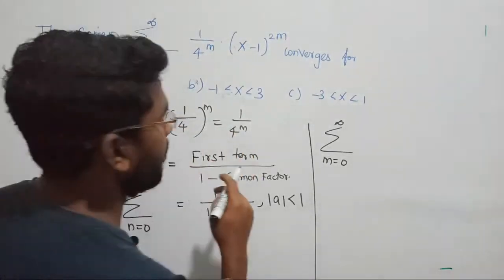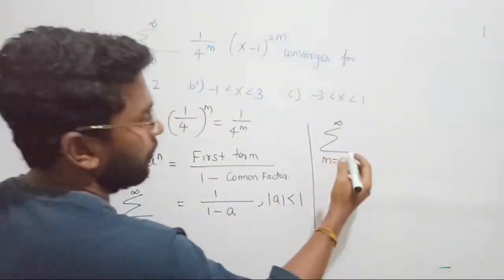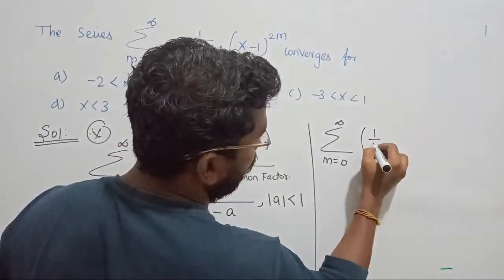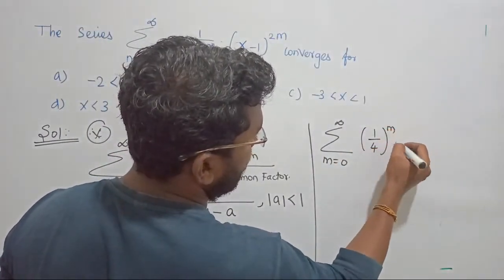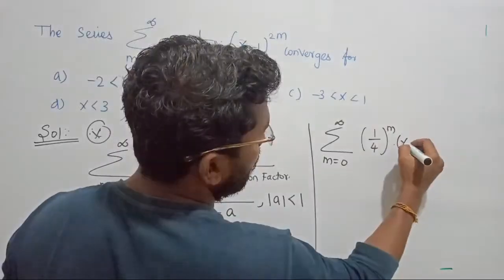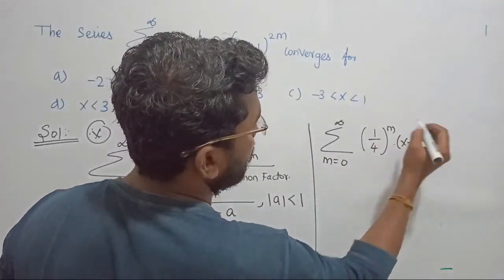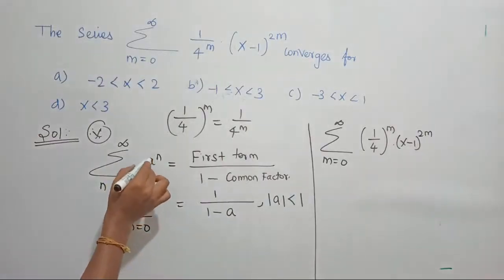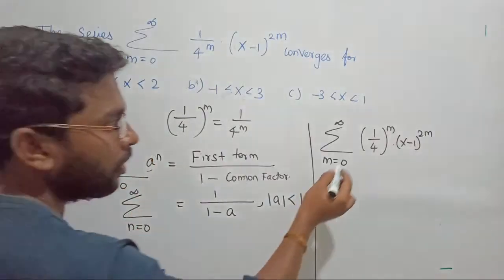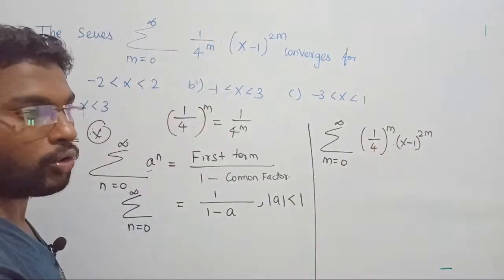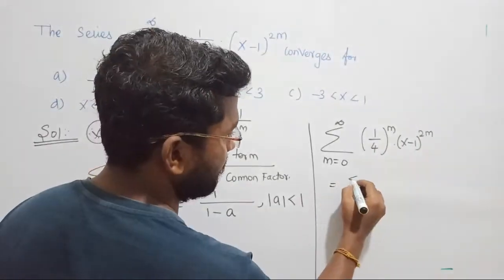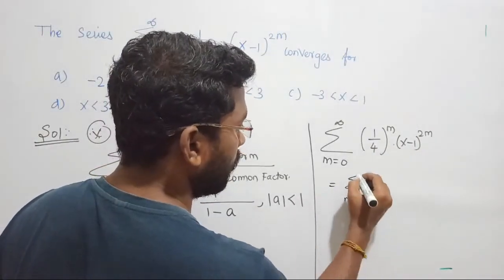So I can write 1 by 4 whole power m. Second, we have x minus 1 whole power 2m. We need to bring this to the format a power n, that is the format of whole power m. So let us see in the next step, summation m equal to 0 to infinity.